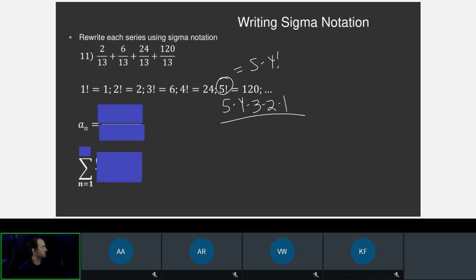Right. So that means looking at this, the numerator, is this n factorial? When n is 1, does 1 factorial give me 2?